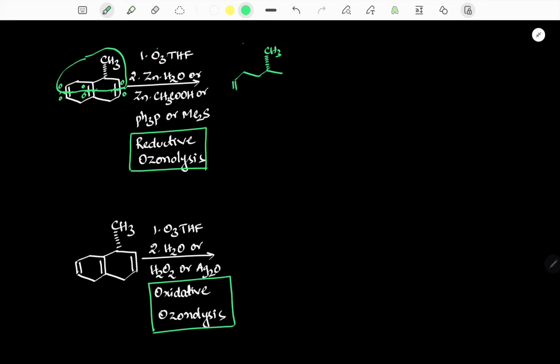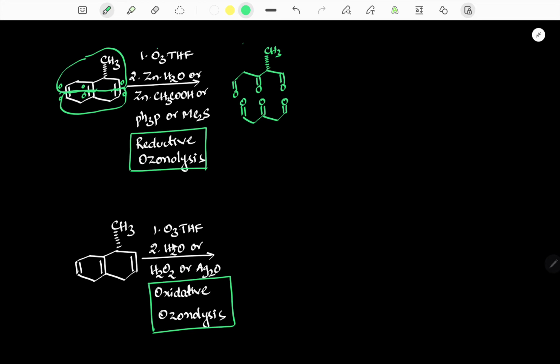Simply we have to add double bond O, and this portion also converts into double bond O, double bond O, double bond O. So it is the final product.